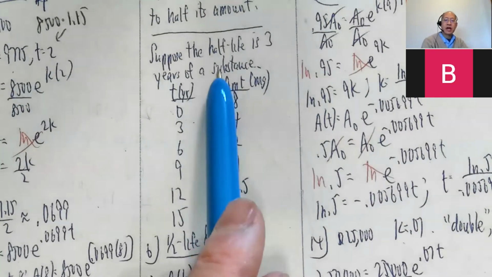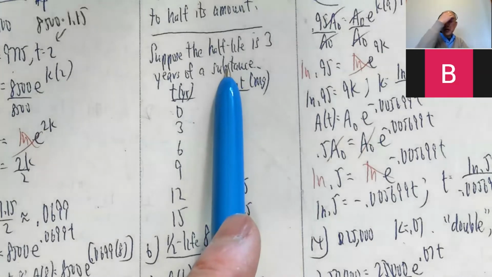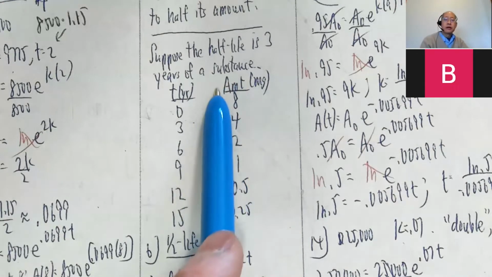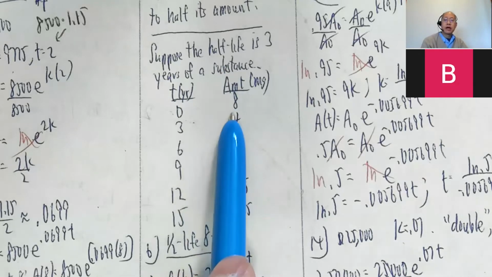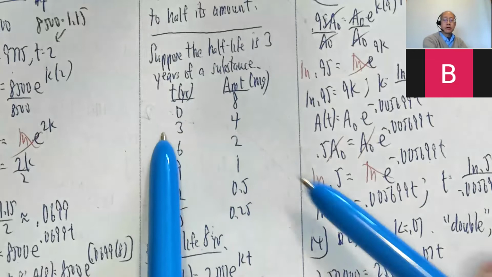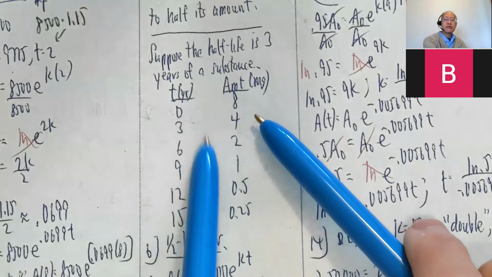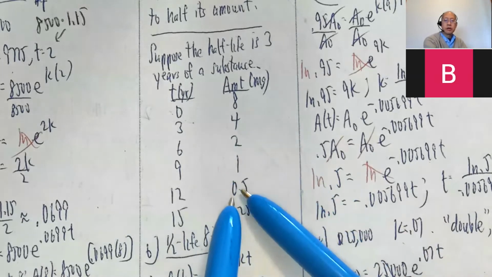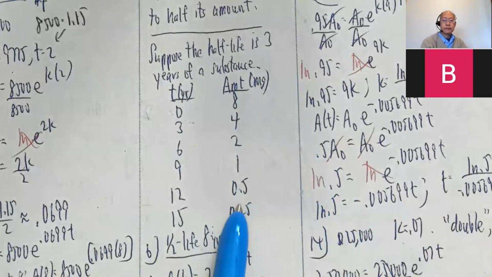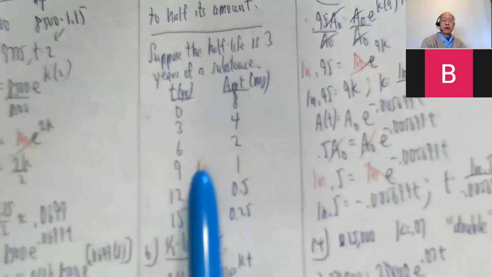Okay, so that's the way half-life works. At any moment in time, if you go a half-life in time from that given point, you would have half the amount. So you notice the pattern after every 3 years, you just take half the previous amount. 8 goes to 4, half of 4 is 2, half of 2 is 1, half of 1 is a half, and so on. Okay, so that would be for a half-life.